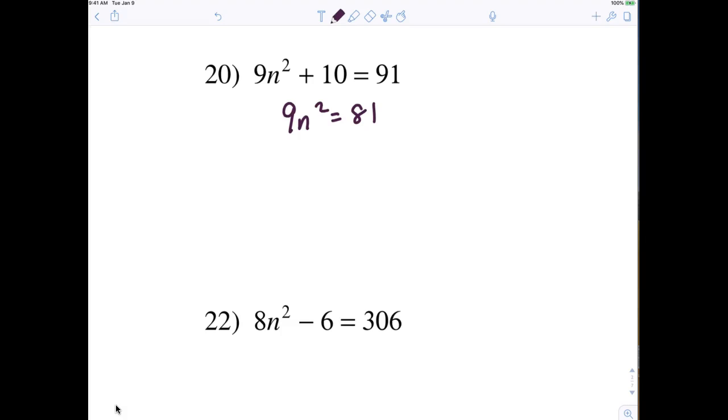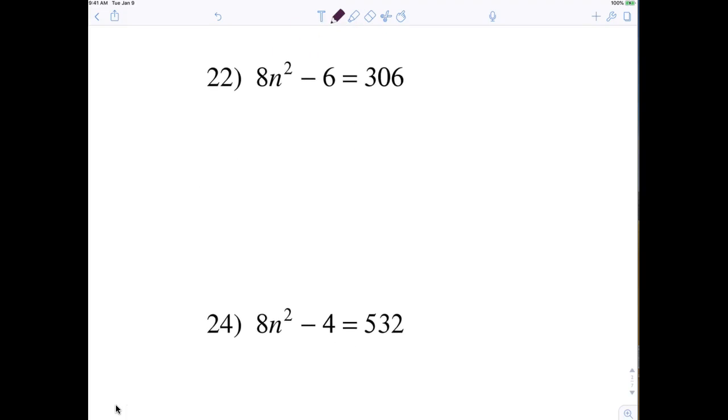All right, so now n squared is equal to what? 9. Thank you. Therefore, n is equal to plus or minus 3. Beautiful. Number 22. I have to do what first? Add 6.